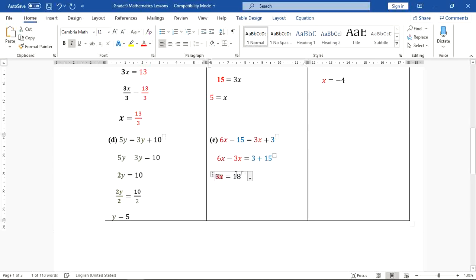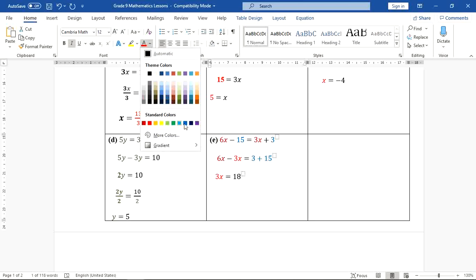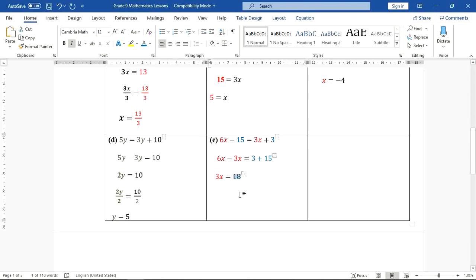Okay, so what do we do from here? Remember, we don't want 3x, we want x, so we need to divide both sides by 3.